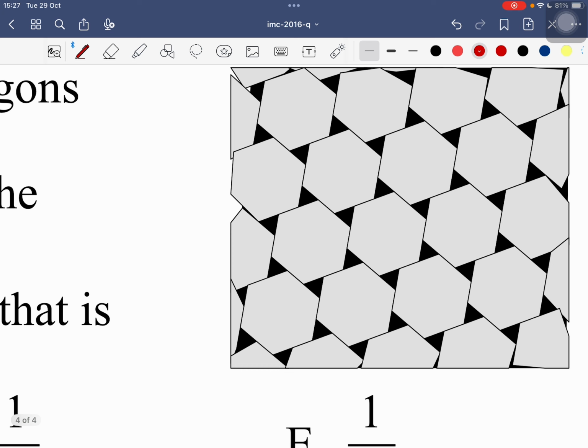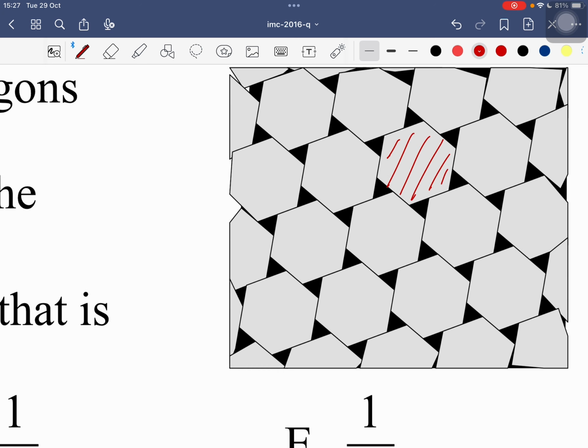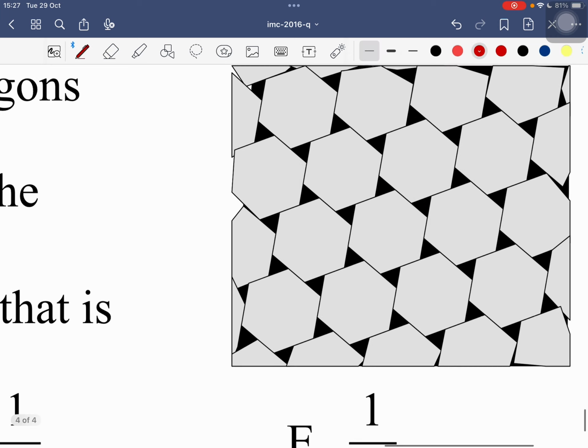And each one hexagon has like 6 triangles. But each triangle has also 3 hexagons. So let's say simply, each triangle is sharing like 1/3 to each the hexagon. We can say simply like that.